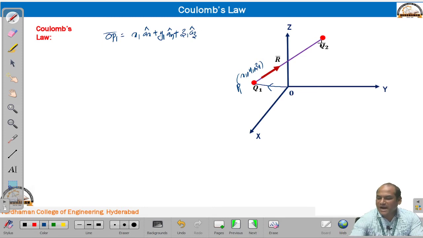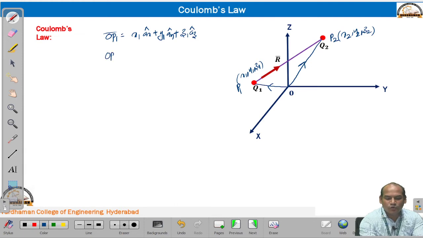Similarly, the point charge q2 is available at position p2 where the coordinates are given by x2 y2 z2. So, the position vector of that point charge q2 is given by op2, that is equal to x2 ax cap plus y2 ay cap plus z2 az cap.